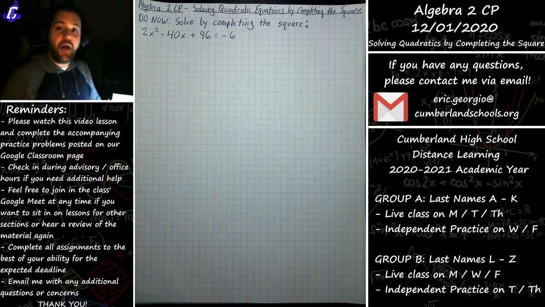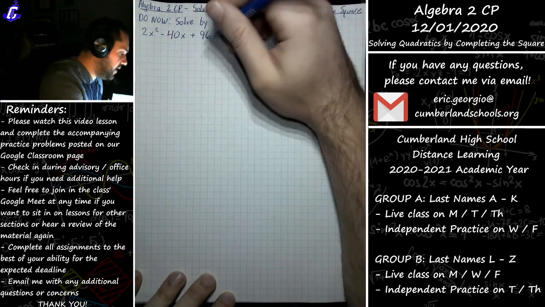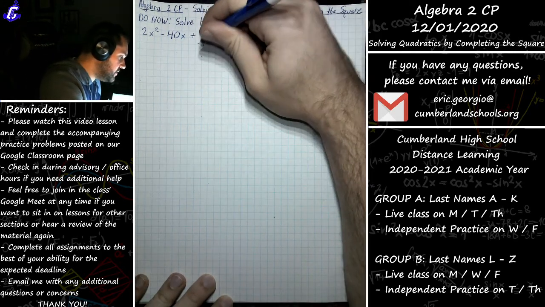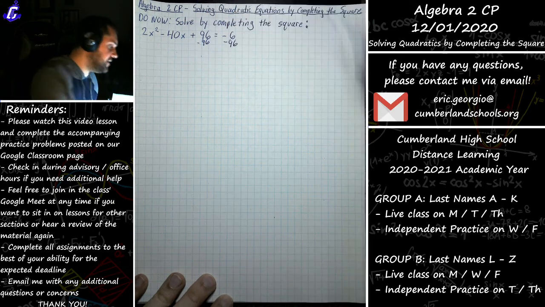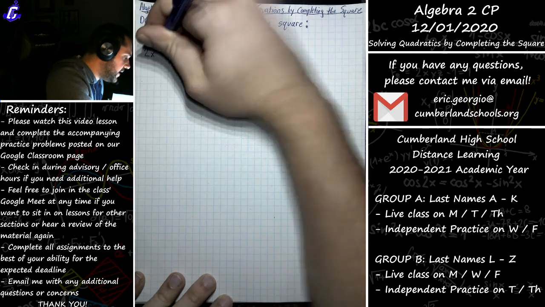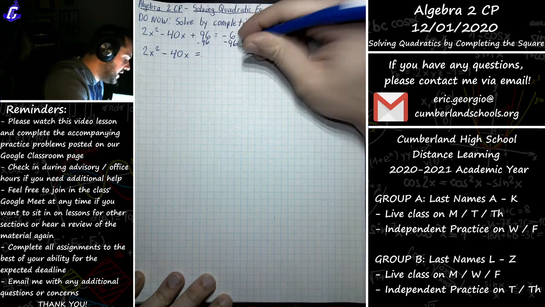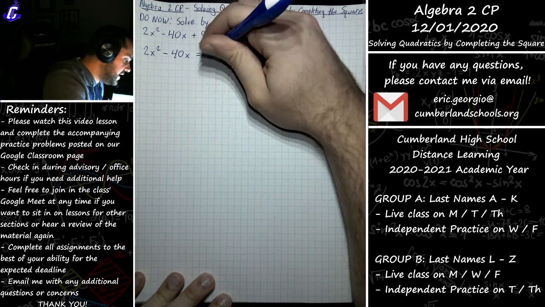Okay? Following those steps, the first thing that I would do to complete the square is isolate the constant term. I would do that first by subtracting the 96 over to the other side. That's going to give us 2x squared minus 40x is equal to negative 6 minus 96, which is negative 102.